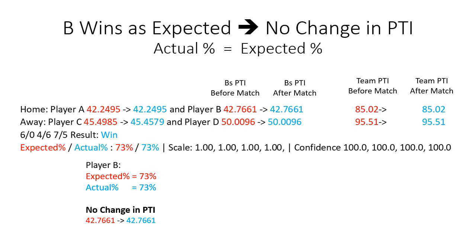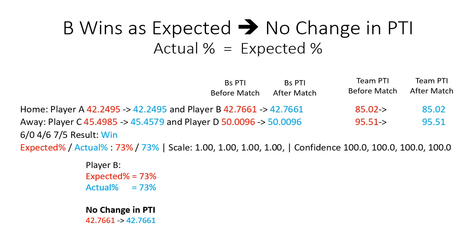Okay, so there's a lot of information on this screen, so let's take a look at what each element is showing. The first line shows the home team. Player A and B's PTI before the match are the first values shown in red immediately following their names.